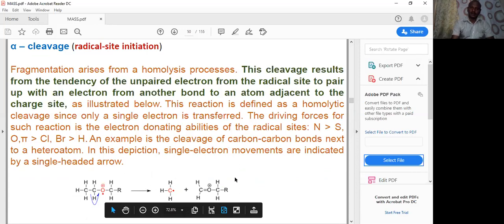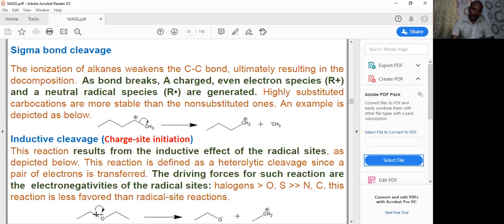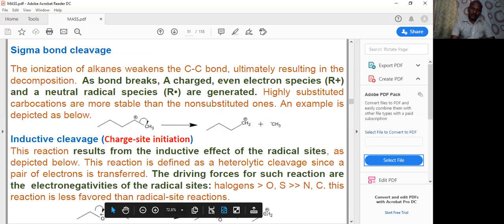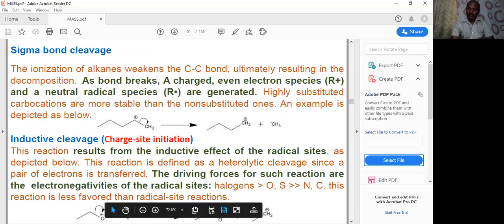Radical is formed. In the next reaction, both electrons move from here to the oxygen. In the previous reaction we saw the formation of a radical, but here we have the formation of a charged fragment.